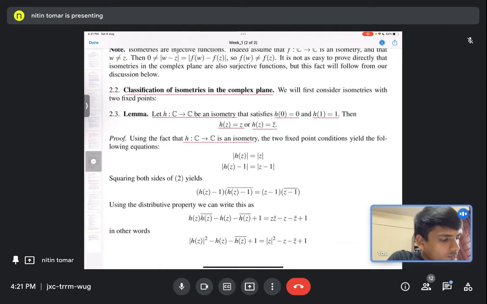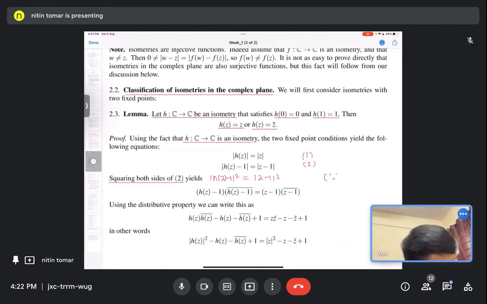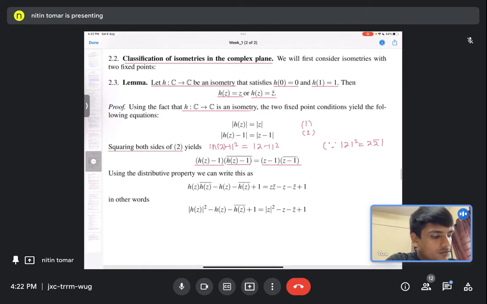So let's say this is 1 and this is 2. If you square equation number 2, you will get mod of H(z) minus 1 squared equal to mod of z minus 1 squared. But we know that for any complex number, mod z squared equals z z bar. So we have used this here. It can be written as (H(z) minus 1)(H(z) minus 1 bar) equals (z minus 1)(z minus 1 bar). Now you open the bracket, which we call the distributive property.